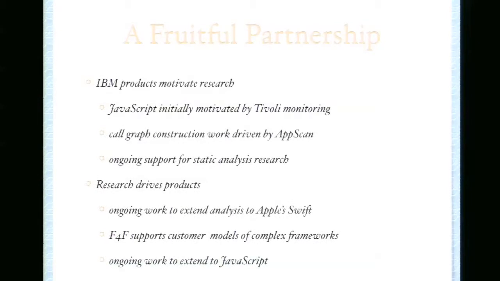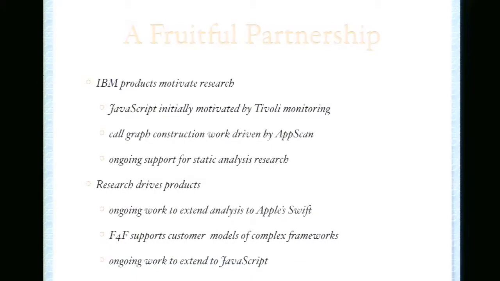And they were not doing anything on the web. And now further call graph construction is driven, a lot of it, by demand from people in AppScan. As you can imagine, as soon as they started analyzing real web pages, they came back to us and said that doesn't work. And that's where correlation tracking came from. It's where the field-based work came from. And there's ongoing support for further analysis research because I don't think any of us feel that the approximate analysis we have now is entirely satisfactory.